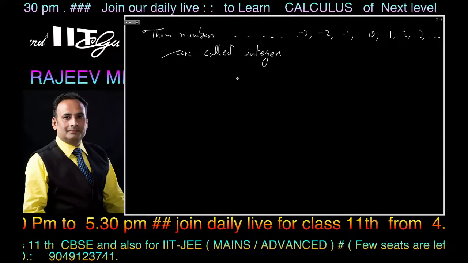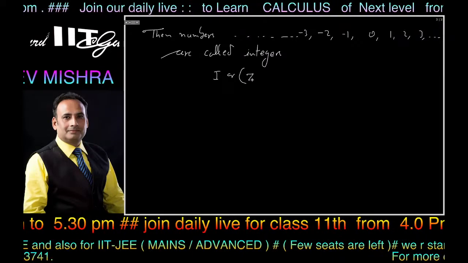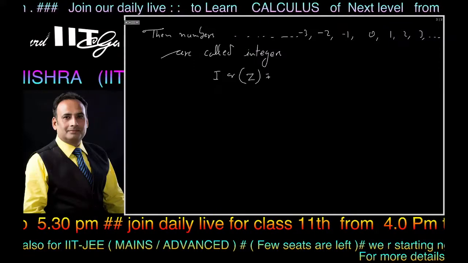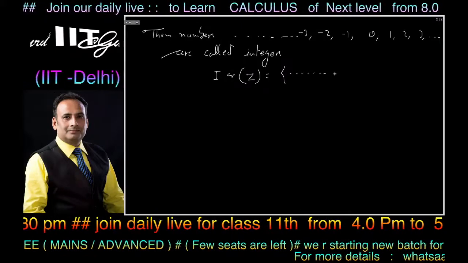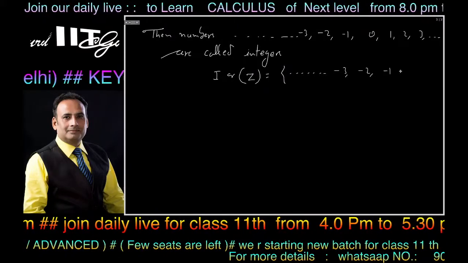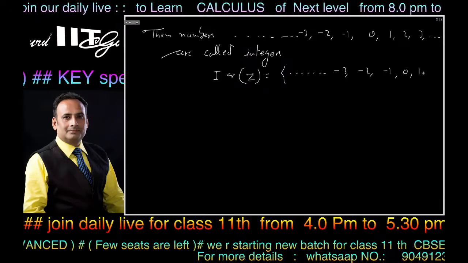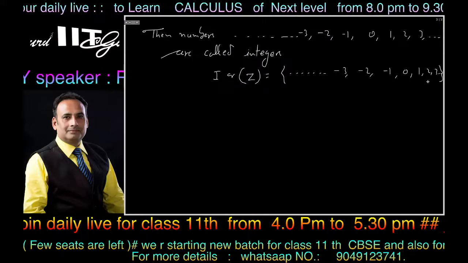Z is also a way to represent the integers. And here the integers are written in set form under curly brackets.